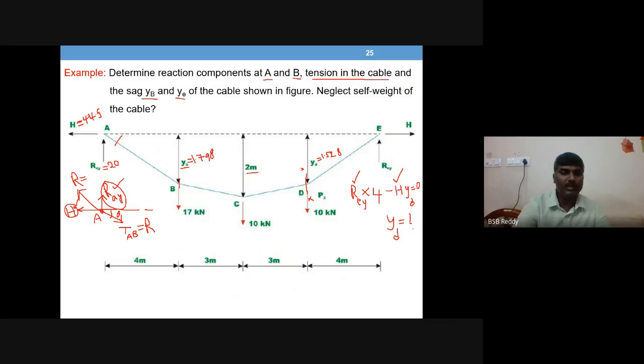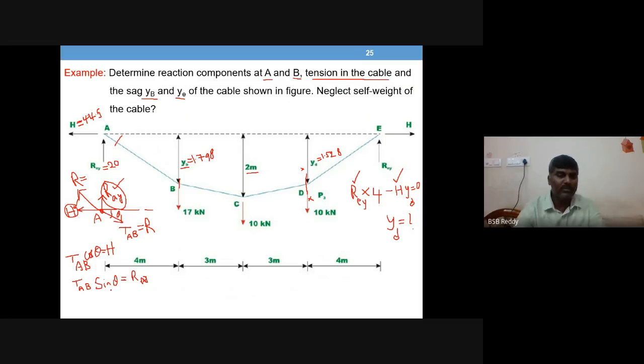So TAB cos theta is equal to H. TAB sin theta is equal to RAY. Right. These two are the equations that you can form from sigma Fx equals 0, sigma Fy equals 0.